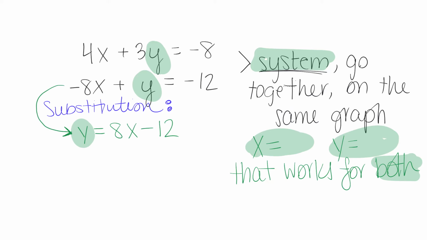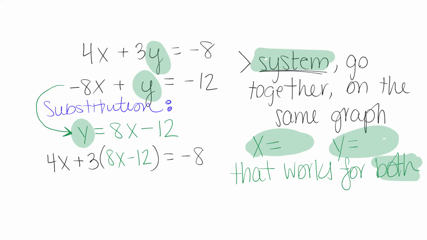And watch the magic that occurs when I do that. When I do that, I'm going to have 4x plus 3y. Well, I just said that y is 8x minus 12, equals negative 8.